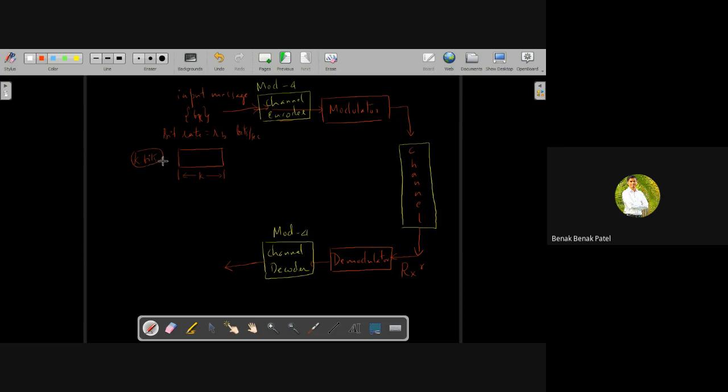When I transmit these k bits over this channel encoder, it adds additional bits onto it. I cannot call them message bits, we can call them check bits. It will add additional check bits.